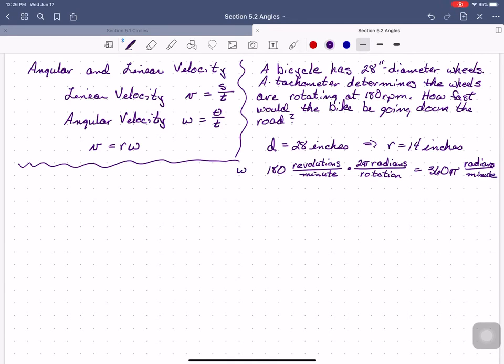And this is my angular velocity. Excellent. Because now I know the velocity is equal to r times omega.